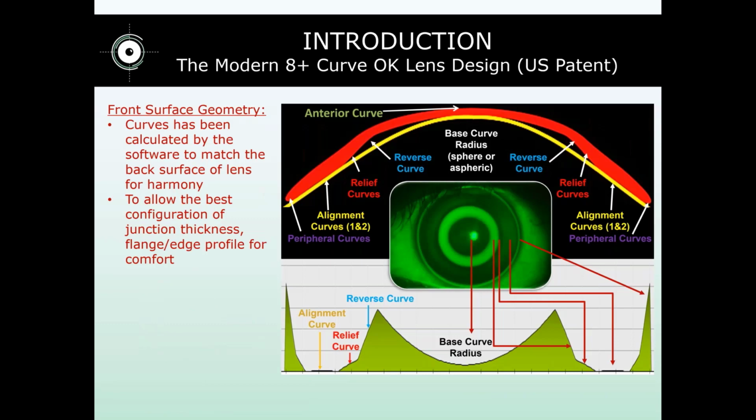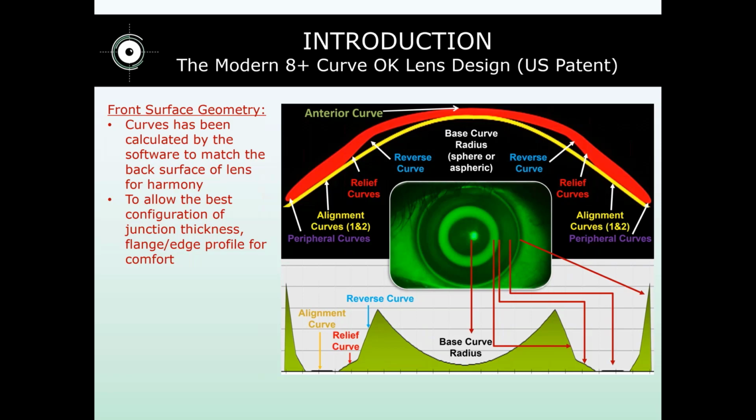So now, I call this 8+ curve OK lens design, which is a US patent for myopia management. So you can have the base curve, which is a sphere or an asphere, and a reverse zone, and 2 relief curves. I only use 1 most of the time, and 2 alignment curves and a peripheral curve. Most doctors and labs will not mention the front geometry.